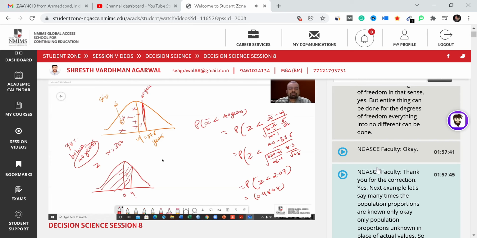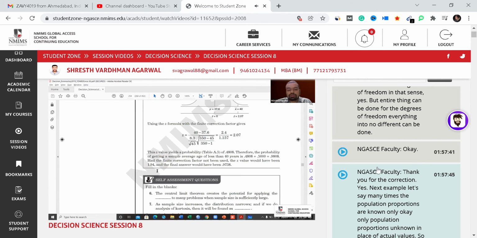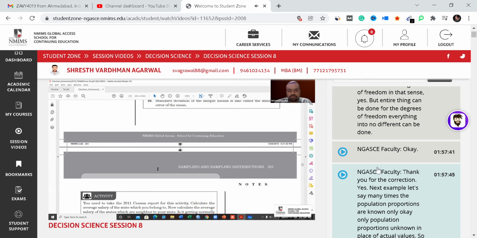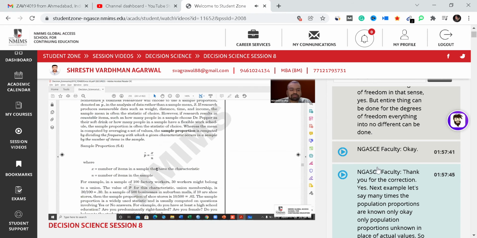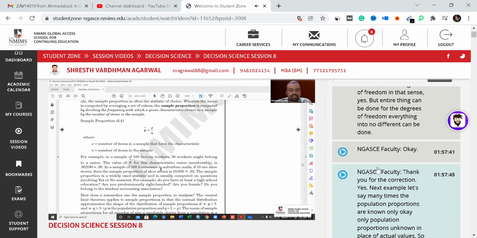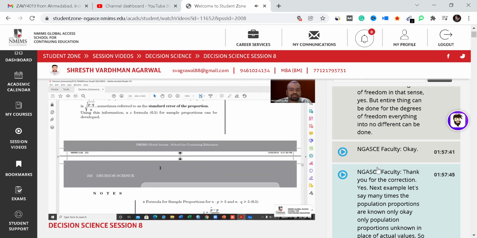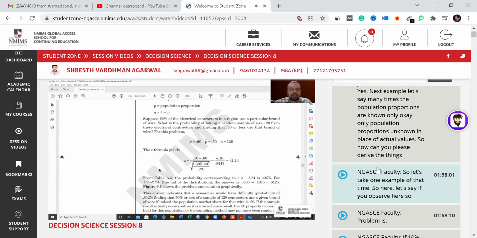Next example. Many times only the population proportions are known in place of actual values. So how can you derive things? Let's take one example of that type.